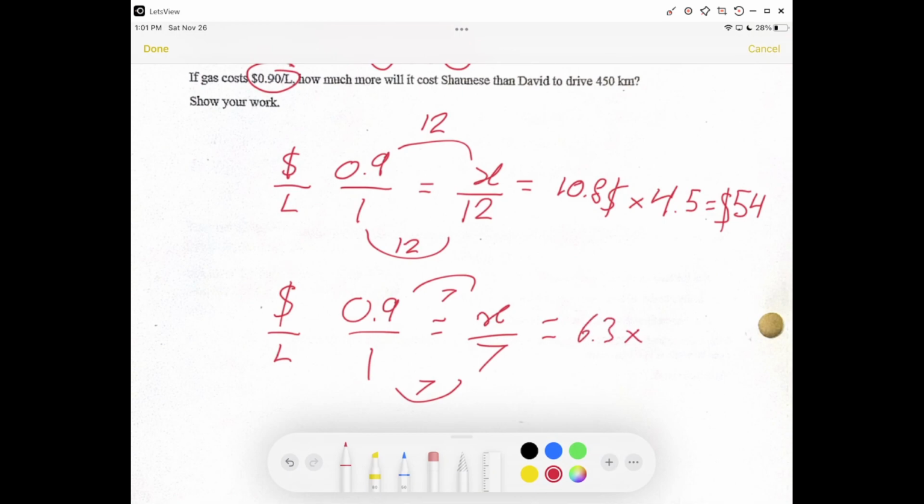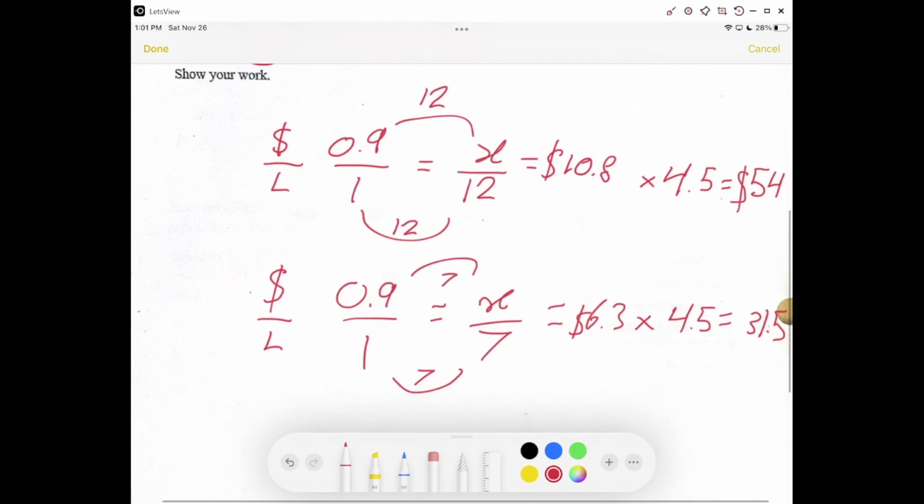Now once again, we multiply this by 4.5, and that is 31.5, right? Also, over here I wrote this wrong. I messed this up. You don't put the dollar sign in front. It's not a mathematical error, but you don't put the dollar sign in front.